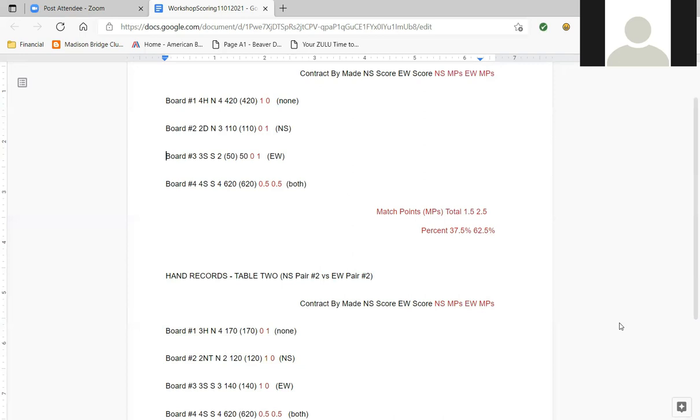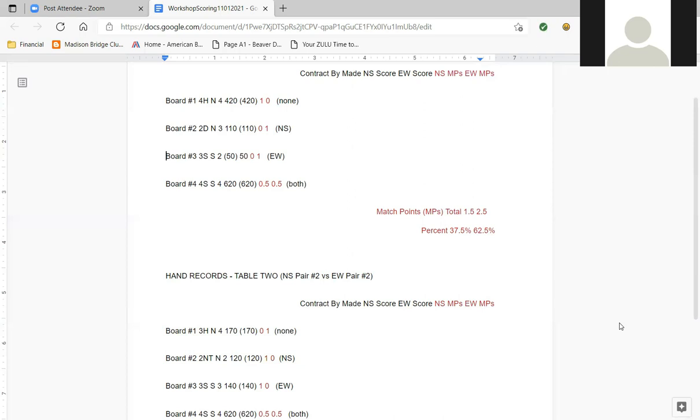Now it's not quite that simple. There is some luck involved. Maybe you were sitting east-west, and the north-south pair you were playing against are the best players in the club, and the north-south pair other people were playing against were not so good.